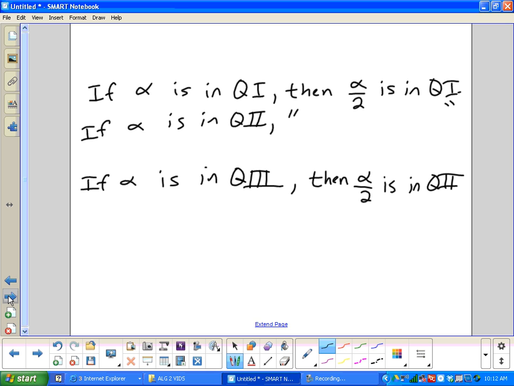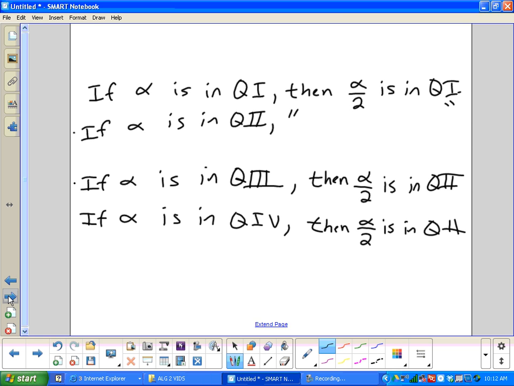Okay, so it always looked like it was just backing up a quadrant from these 2. All right, but it didn't work that way with the last one. The pattern didn't really keep up. So if alpha is in quadrant 4, right, it just went back to 2. Then alpha over 2, which is the half angle, is in quadrant 2.